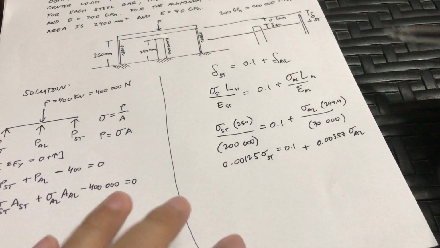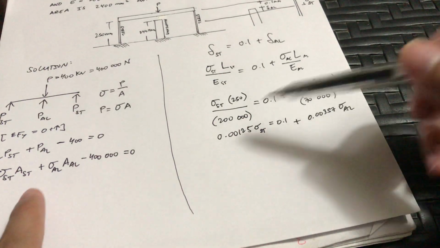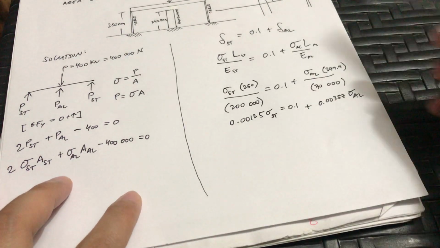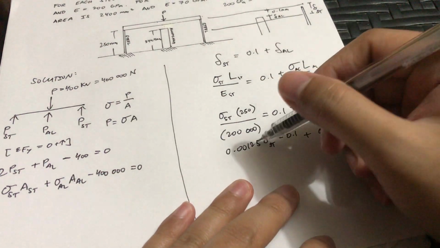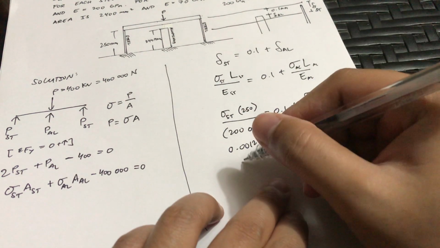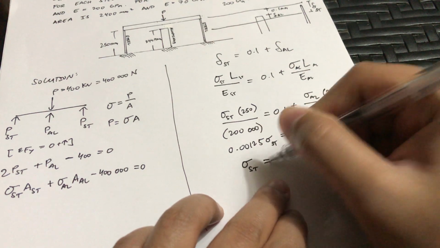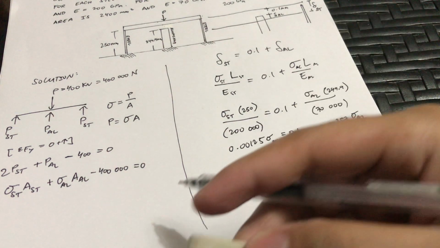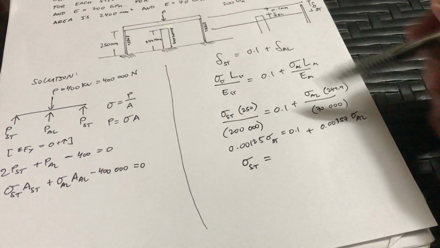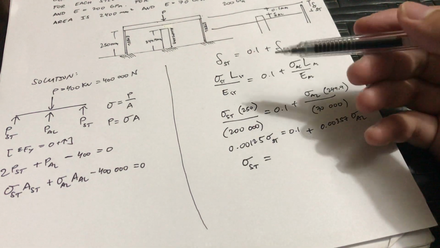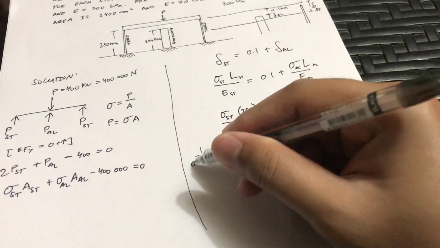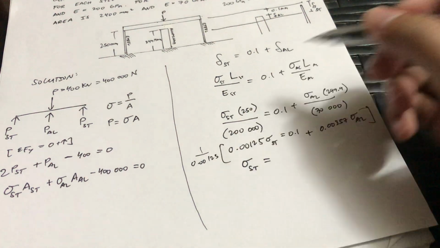Okay. Now we have two equations, two unknowns. So let's try and solve. Let's substitute this equation to the first one. Let's solve the stress of steel for this equation. So let's divide the entire equation by 0.00125.